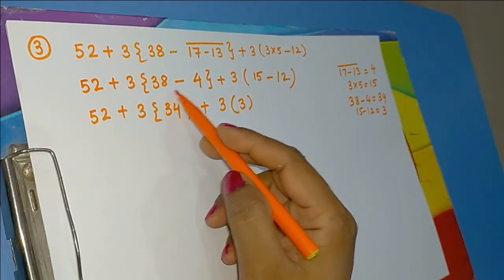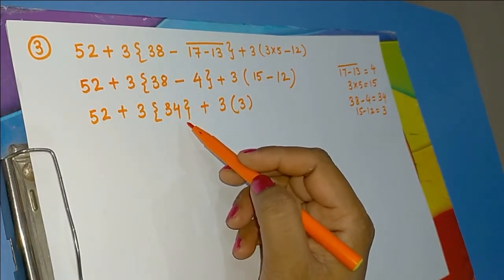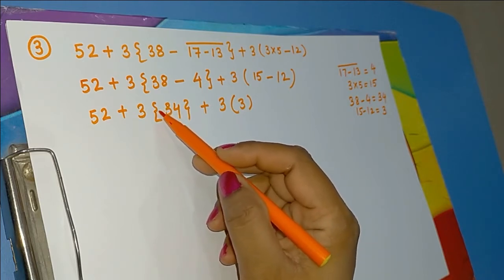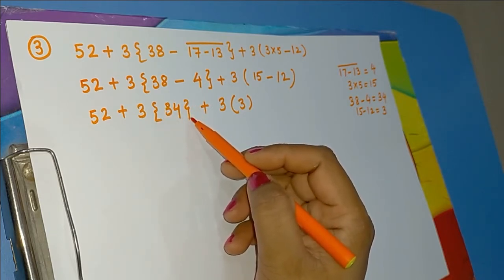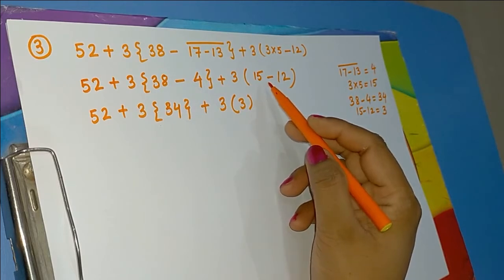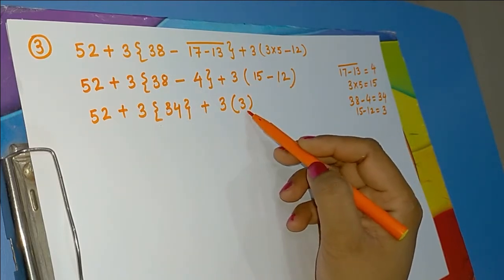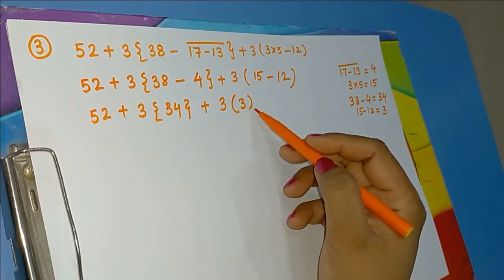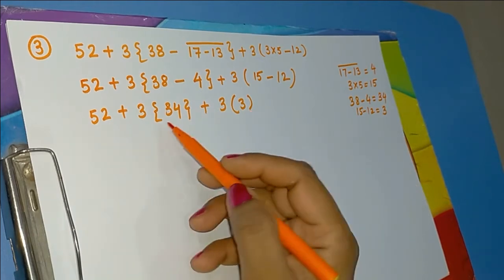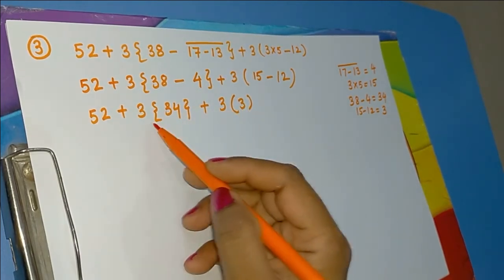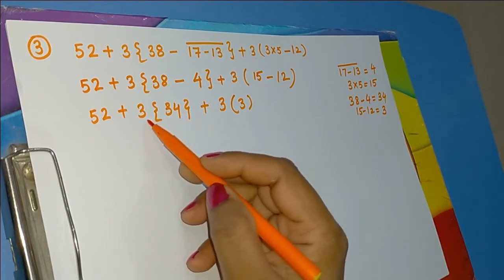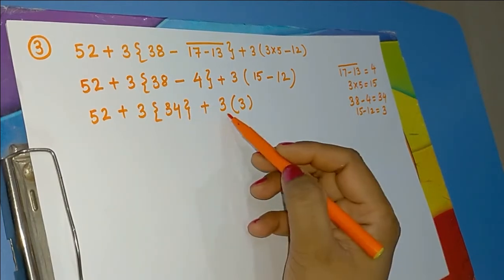Here you can see that 38 minus 4 we got a single value, that is 34, but still we are not able to eliminate the curly bracket here. At the same time when we did 15 minus 12 we got 3, and still we have parentheses here, because here you can see in both the cases we don't have any sign between 3 and 34, 3 and 3.